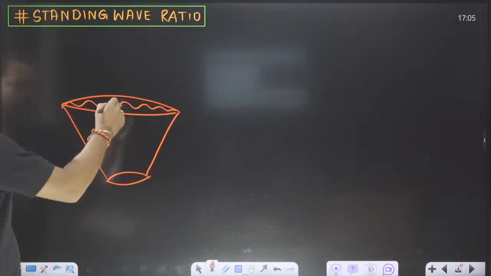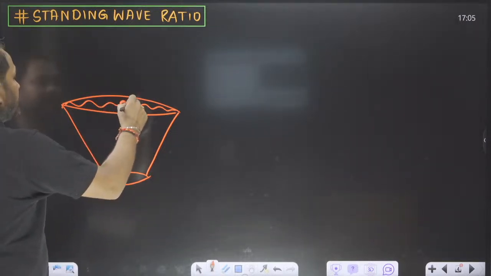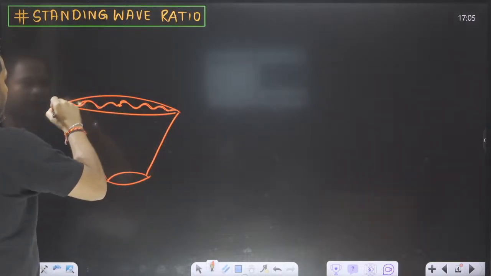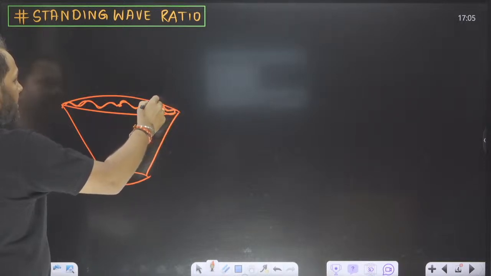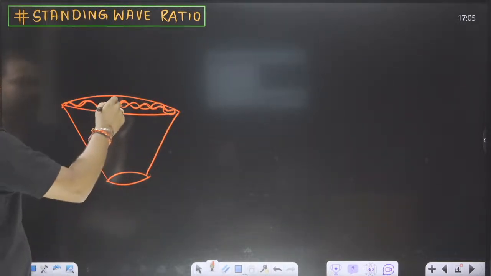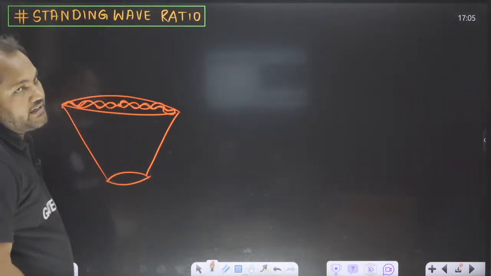The wave is reflected back, and it will form a standing wave.